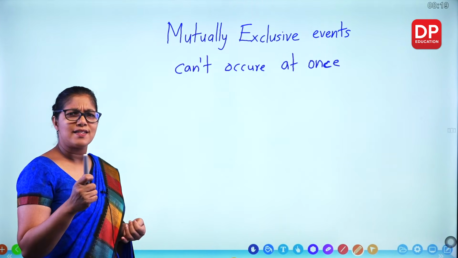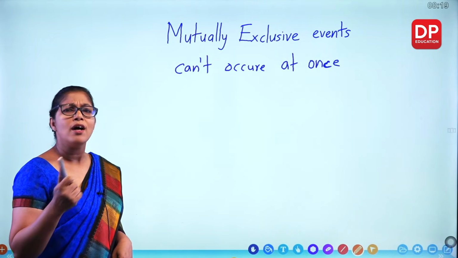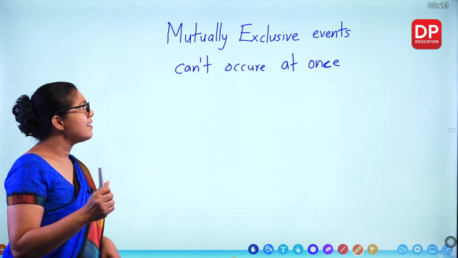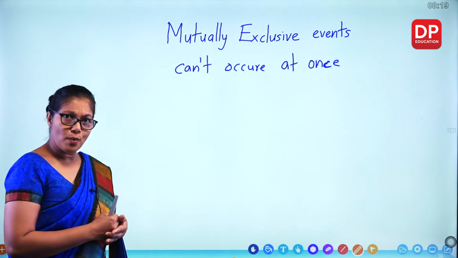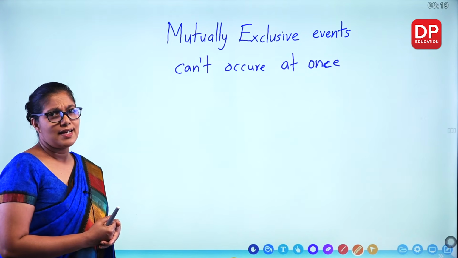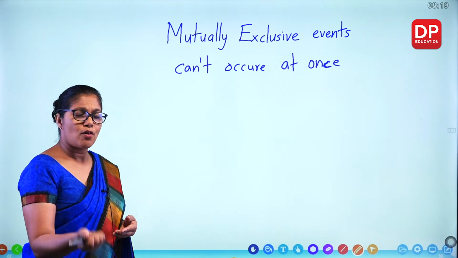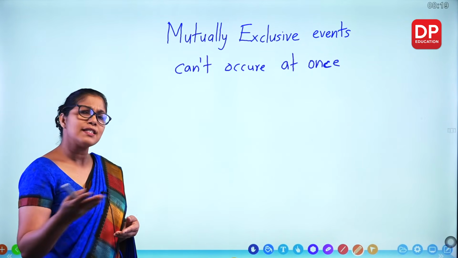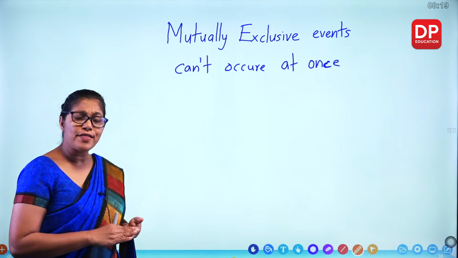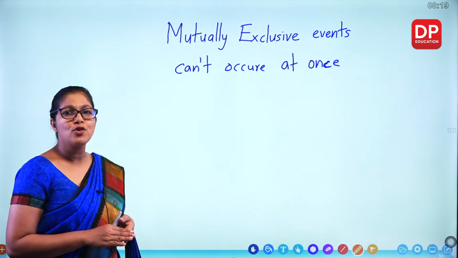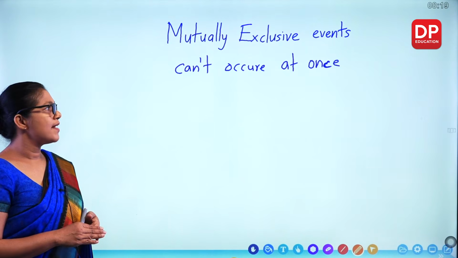We have to consider only one, either winning or losing, or it can be a tie. So we can't take both at once. So those are mutually exclusive events. When you take a coin, you can get either heads or tails, but you can't get both at once. That's also an example for mutually exclusive events.